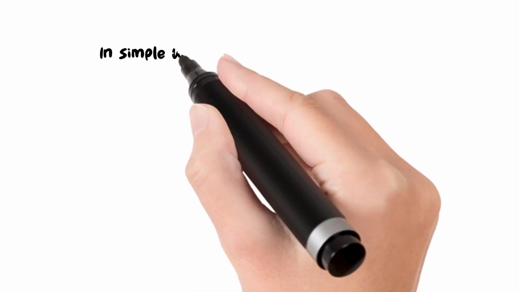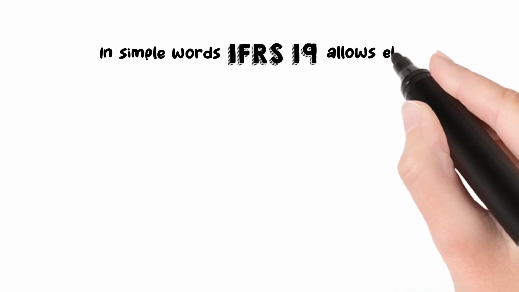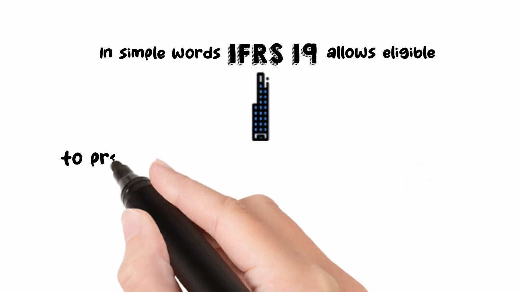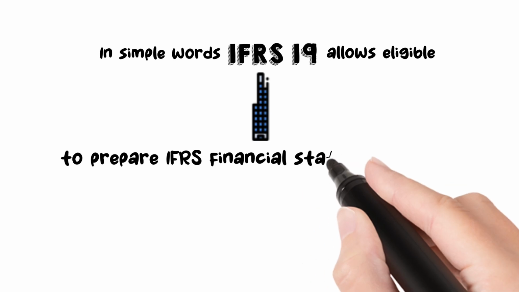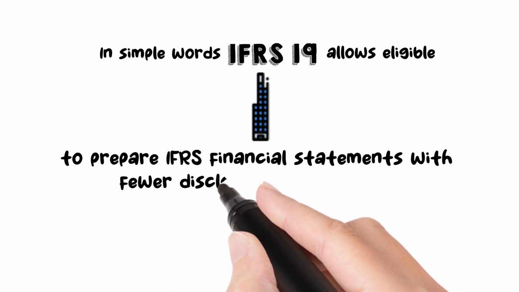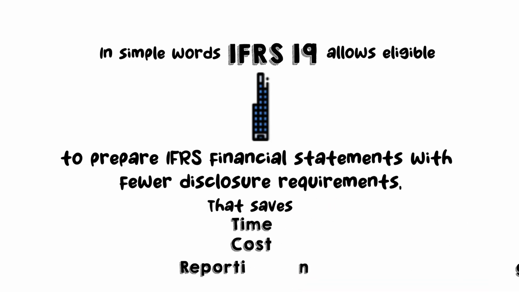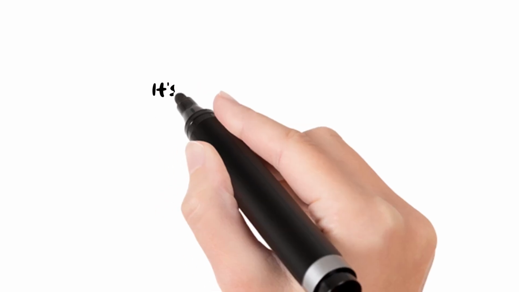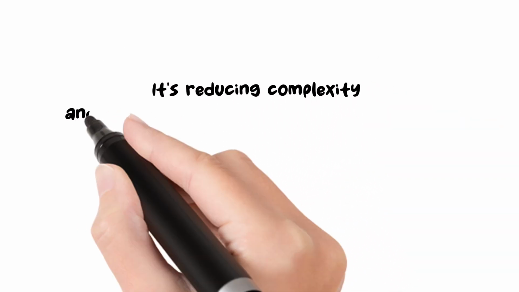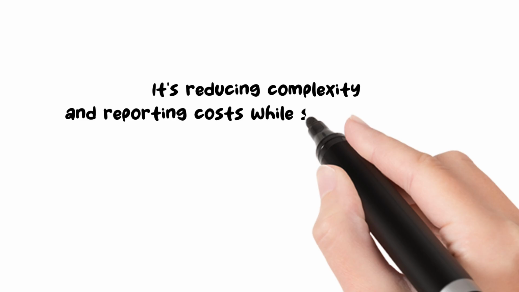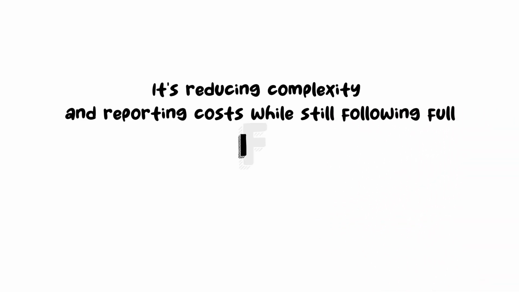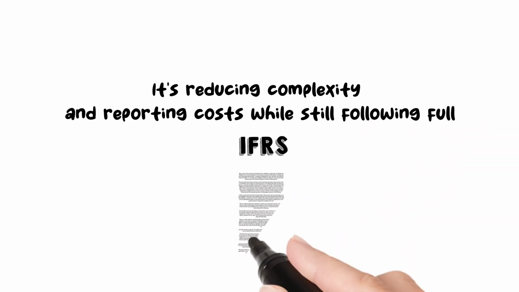In simple words, IFRS 19 allows eligible subsidiaries to prepare IFRS financial statements with fewer disclosure requirements. That saves time, cost, and reporting effort. It reduces complexity and reporting costs while still following full IFRS accounting rules.